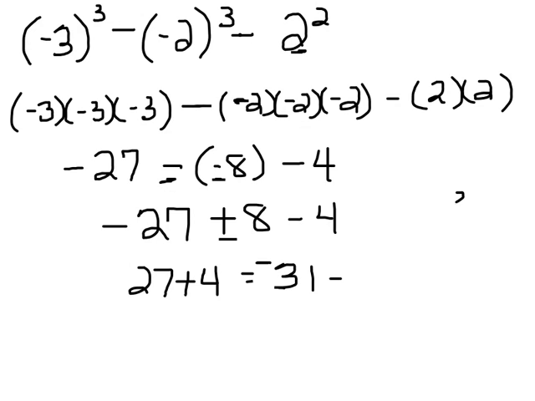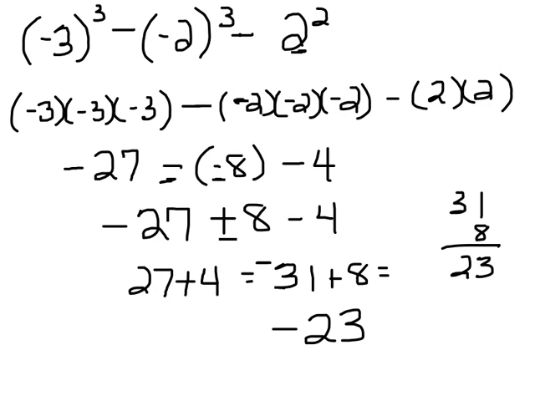So 31 minus 8 is 23. Negative 31 plus 8 equals negative 23. You see that I was subtracting there because the signs are different, and then the answer takes the sign of the larger number, which would have been the 31. All right, let's do your practice problems, and then you can get started on your lesson.